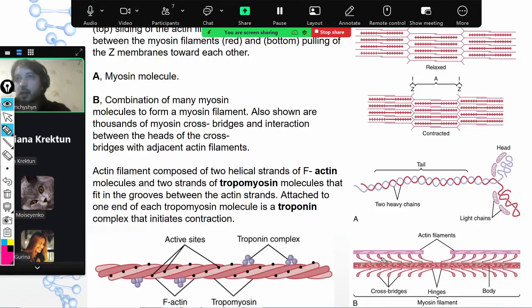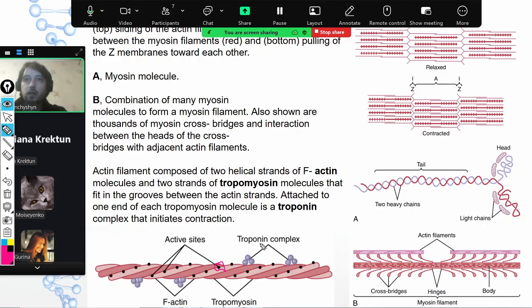Here you see the connection between the actin filaments and the myosin filament. These heads form cross bridges, and they connect to the actin at the active sites. There are some, I guess, ADP molecules bound to the filament, and they work as active sites for binding these heads.